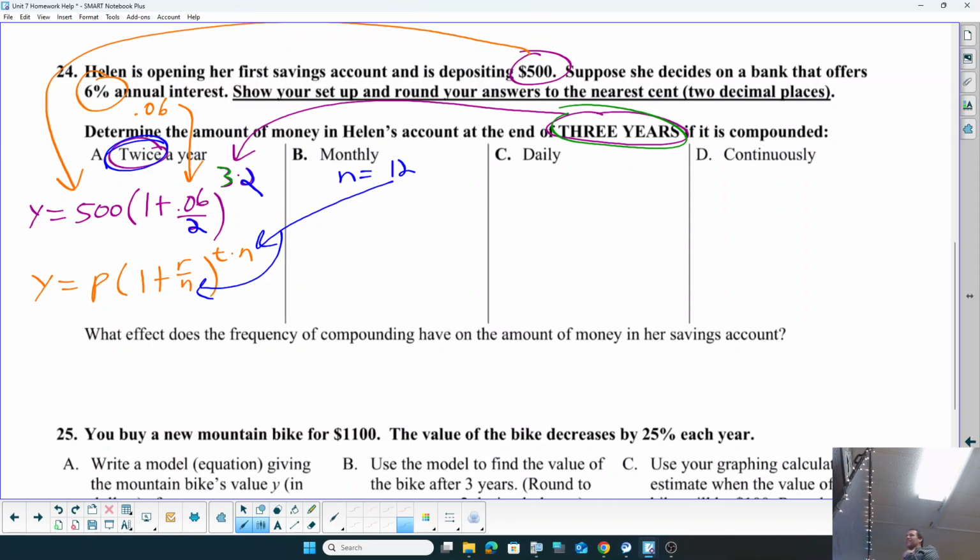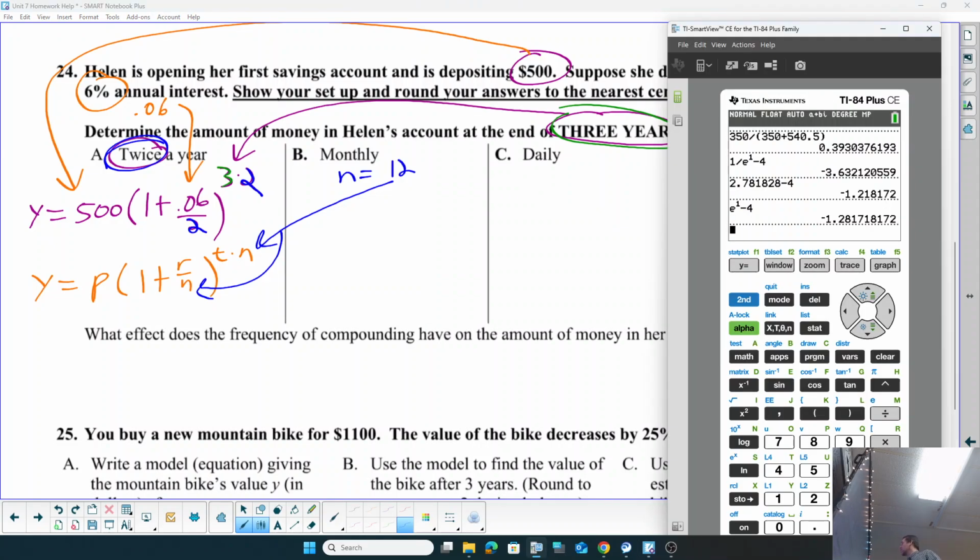So you want to go ahead and plug this into your calculator now. So 500 times 1 plus, use parentheses now, 0.06 divided by 2, close the parenthesis, and then to the power of 3 times 2, which is 6.